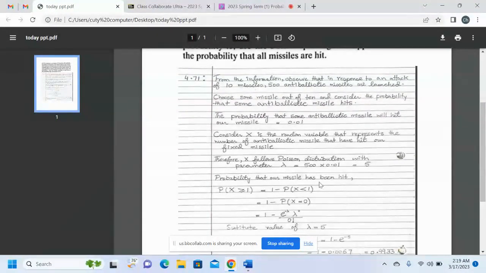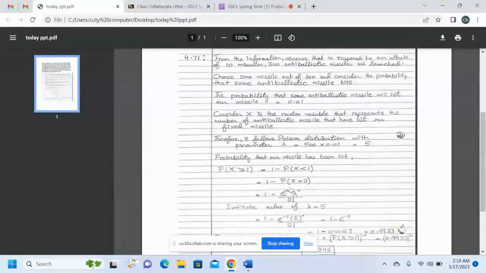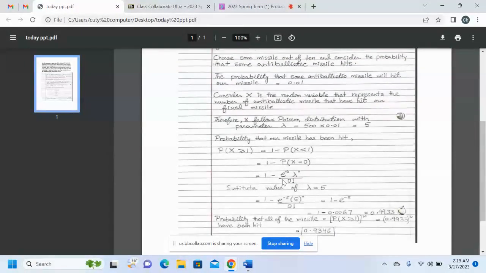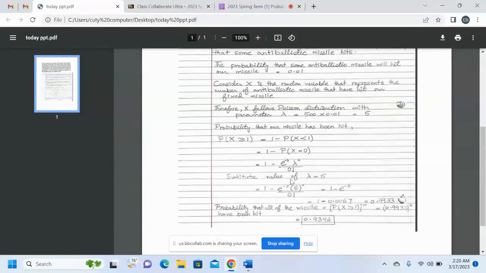The probability that our missile has been hit, probability of x greater than or equal to 1, is equal to the complement, 1 minus probability of x less than 1, and from the Poisson distribution we get probability of x equal to 0. So when we expand it, we get 1 minus e to the power minus lambda, lambda to the power 0 over 0 factorial.